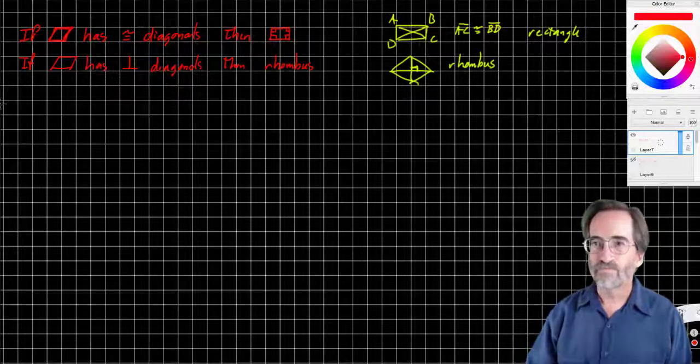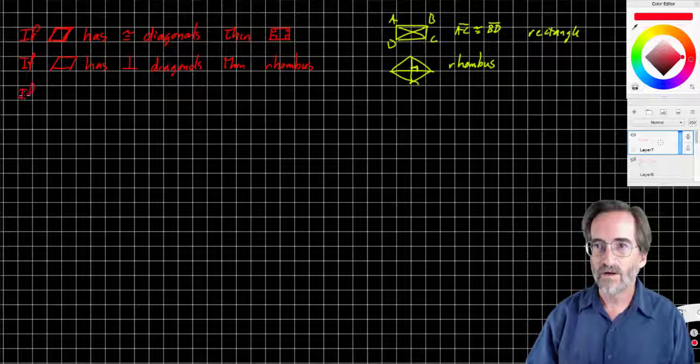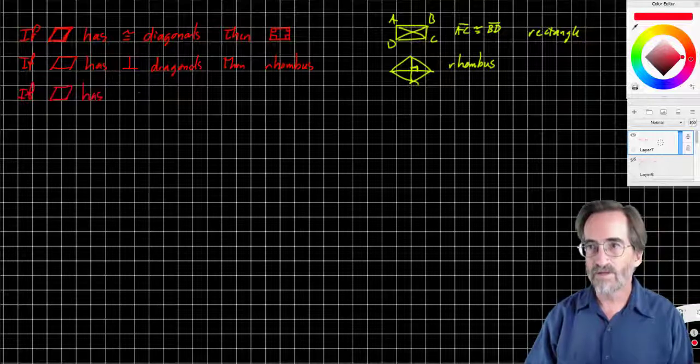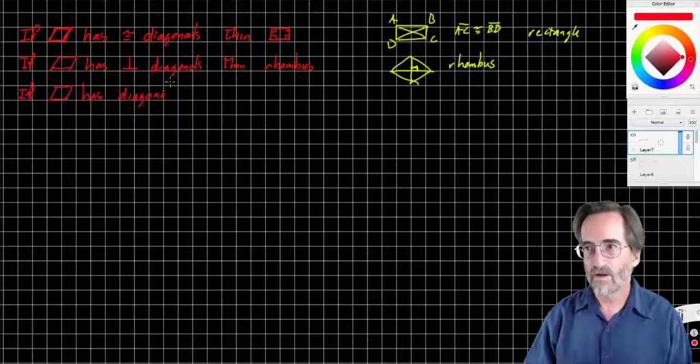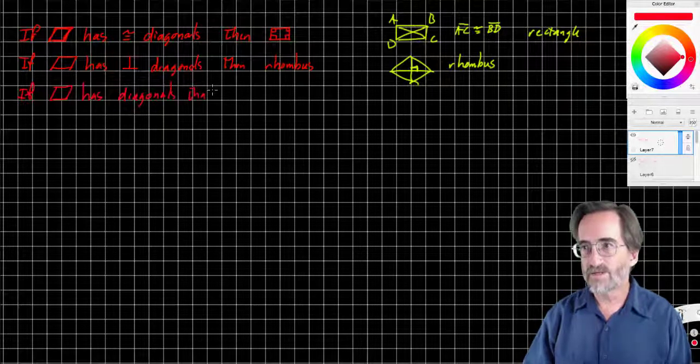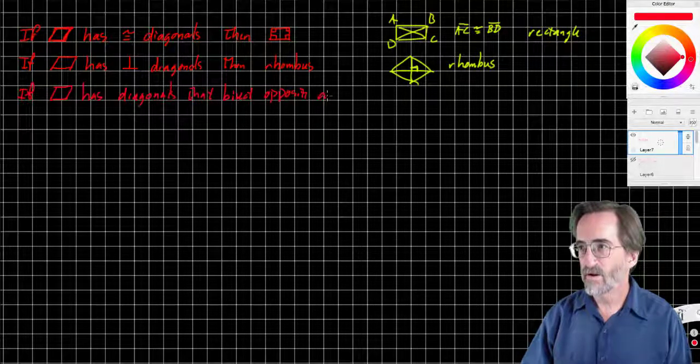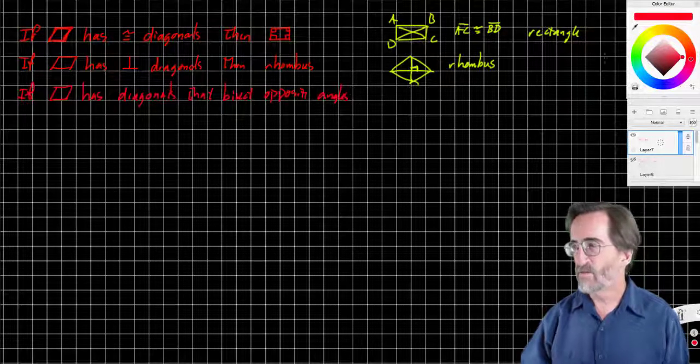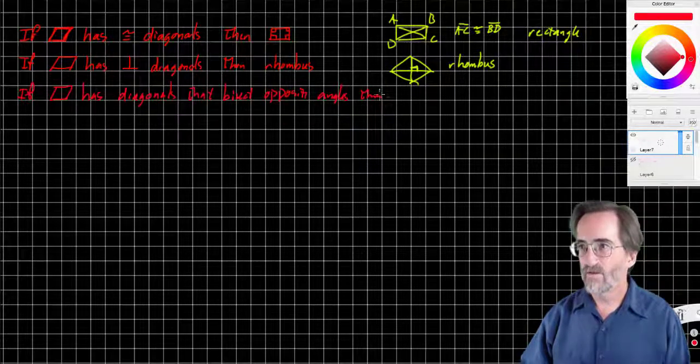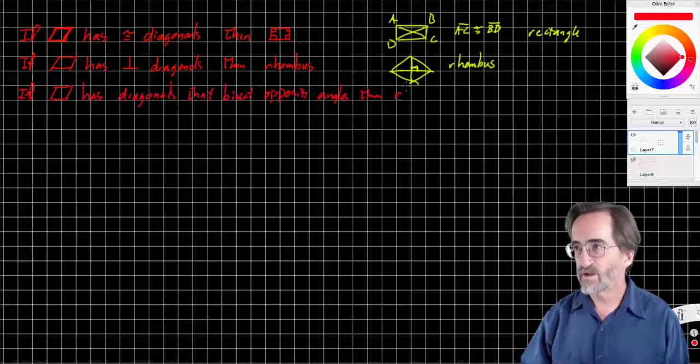Another rule: if a parallelogram has diagonals that bisect opposite angles, okay, let me sketch that, then it is a rhombus.